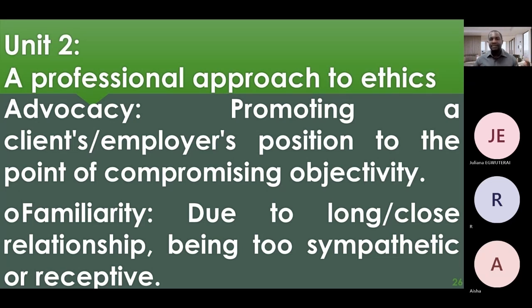These are advocacy threats, especially for those in practice. You don't stand in a position where you're advocating for a firm and compromising objectivity. You've done your report, allow the firm to speak for themselves in any situation that they are asked or warranted to come and answer. So advocacy is a threat that affects accountants, and we must be careful to avoid it.